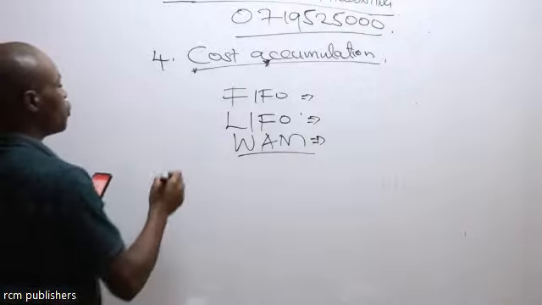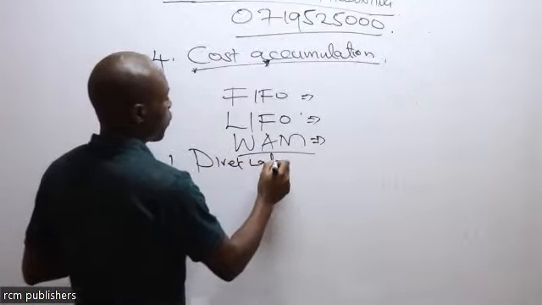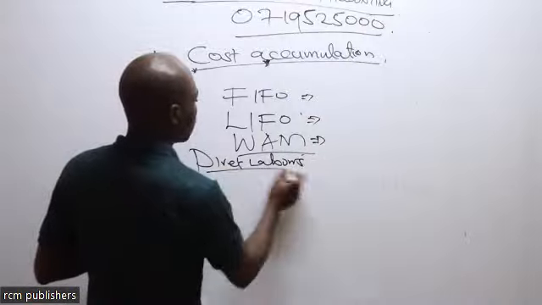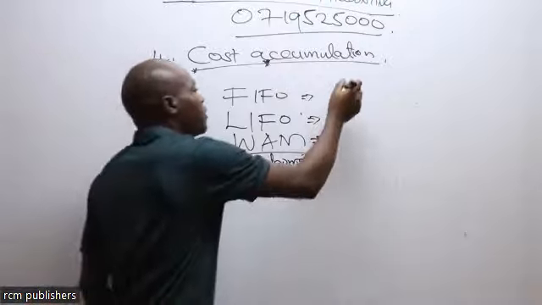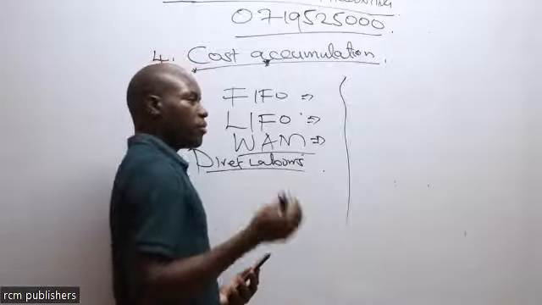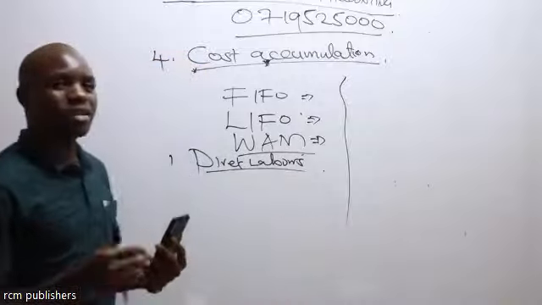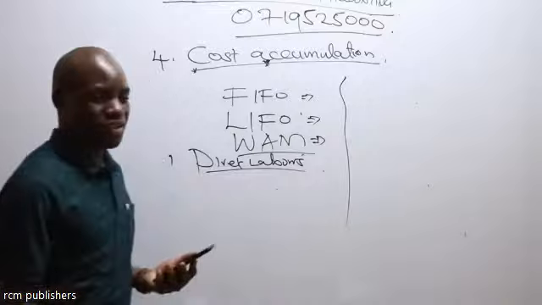Once we do that, we are going to look at direct labor. For direct labor, we are going to do the costing or accounting. Companies have different ways of paying their employees. Remember, they have those employed on a permanent basis and those who are just hired to offer short-term services.